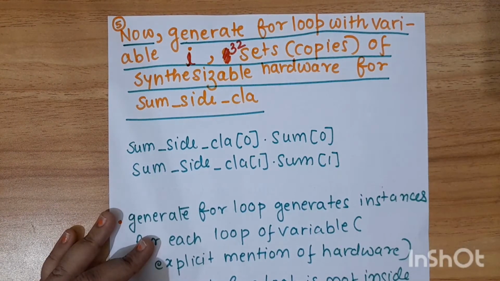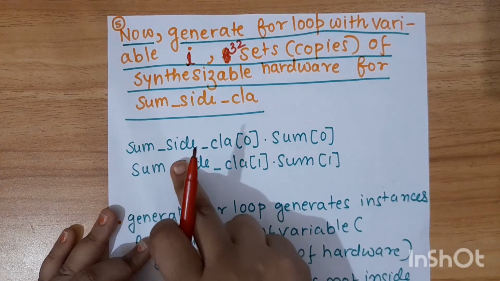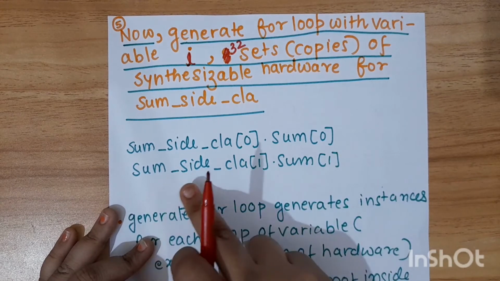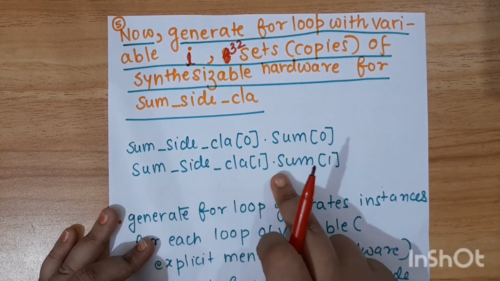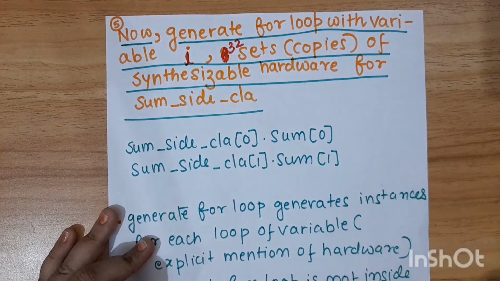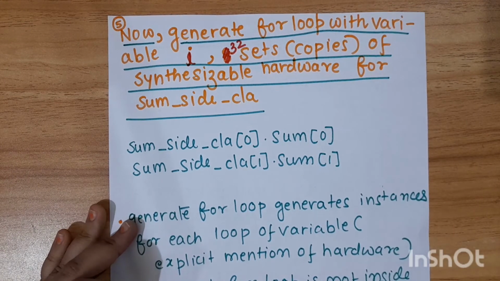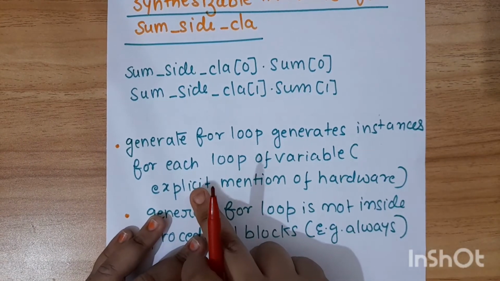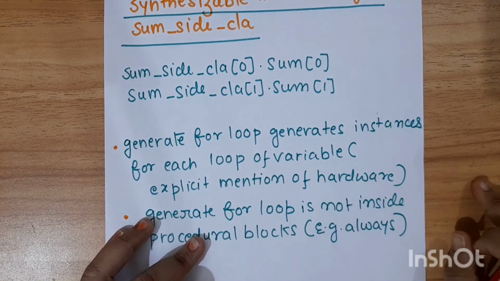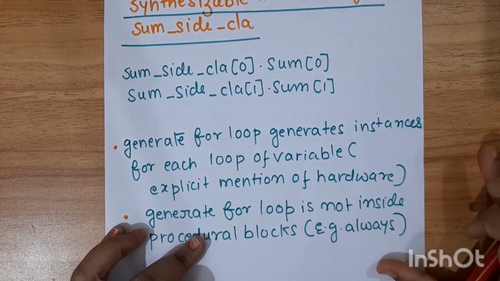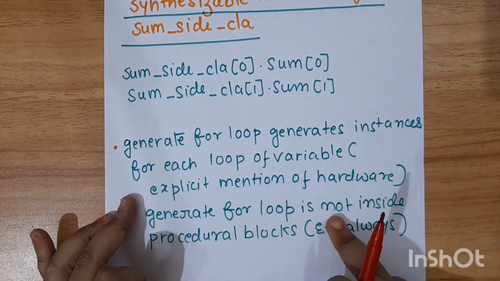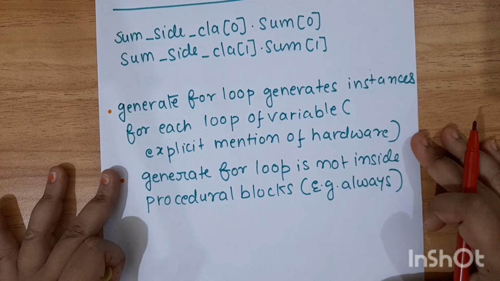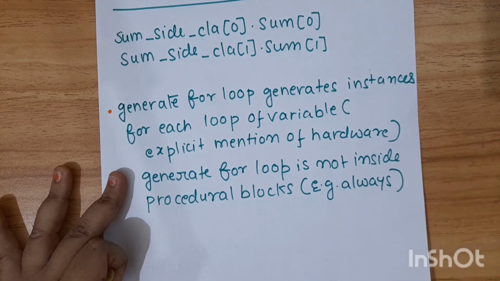So how would it generate the sum for the hardware? sum_side_CLA 0 dot sum 0, sum_side_CLA 1 dot sum 1. In this way it would generate the 32 sets or copies. The generate for loop generates instances for each iteration of the variable, so it explicitly describes the hardware. A generate for loop is not inside a procedural block, so it is not inside an always block or initial block. It is never inside a procedural block.